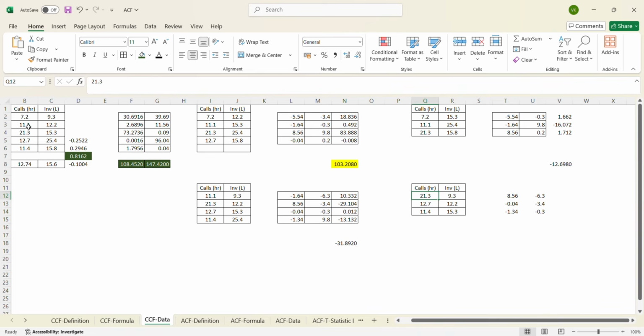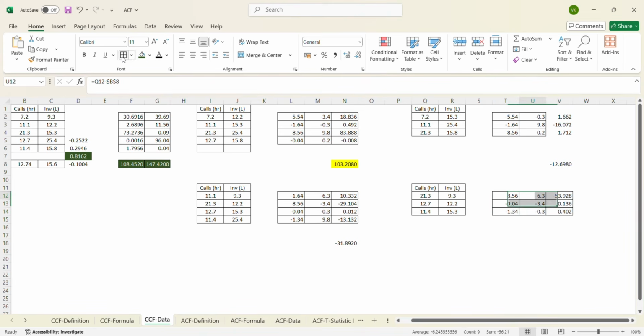For example, here I have taken data points 3, 4 and 5, whereas on the other side I have taken data points 1, 2 and 3. So there is a negative lag, and with negative lag we repeat the same calculation, finding the difference with the average, and from there finding a product of both x and y.